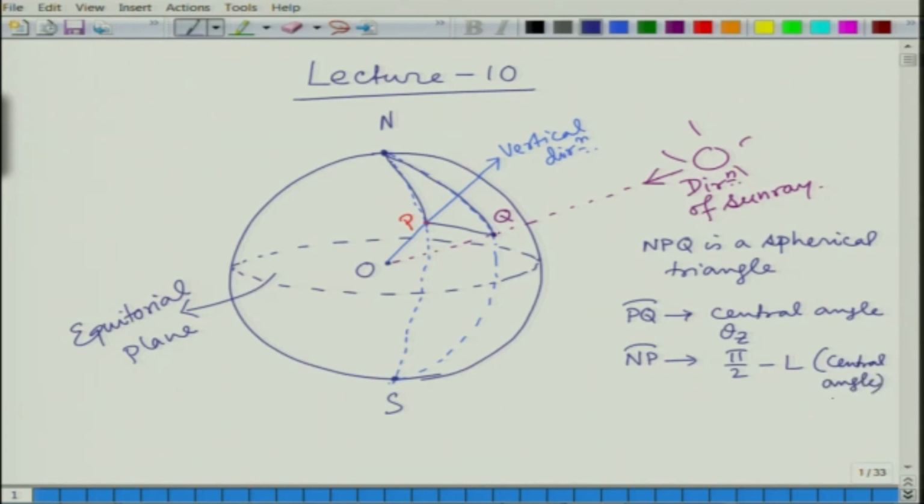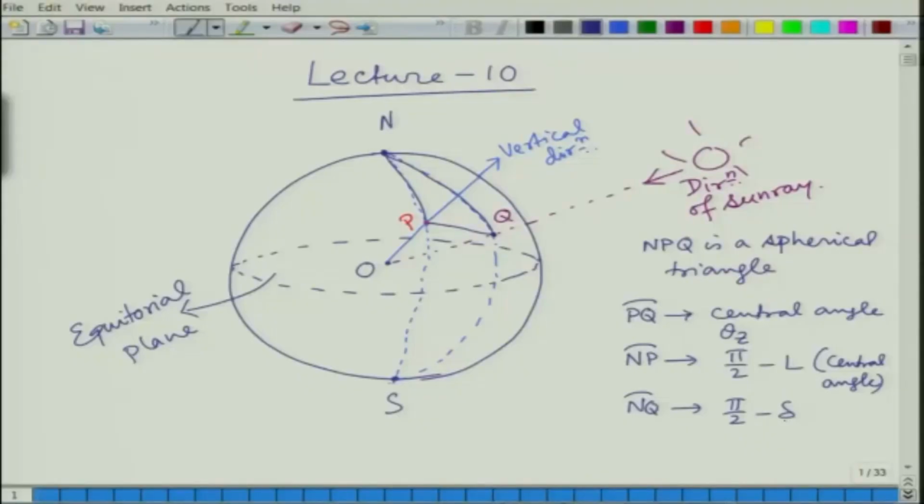Similarly NQ is pi by 2 minus delta, the declination angle. From Q to the equatorial plane, that will give you delta. So NQ is nothing but pi by 2 minus delta. All the sides of the triangle we have written.